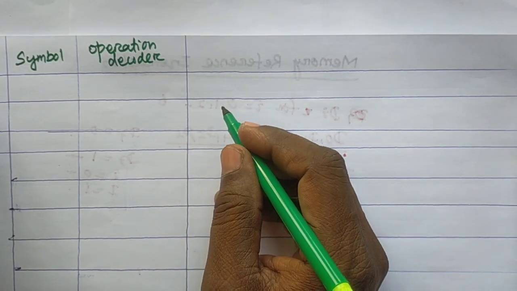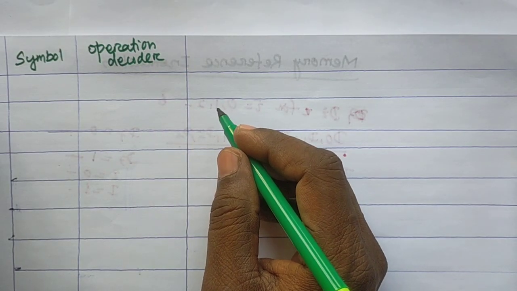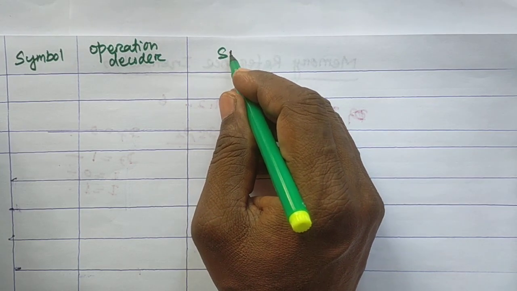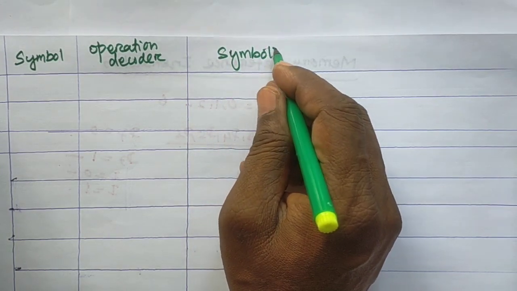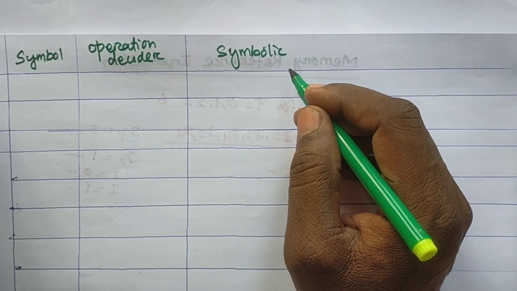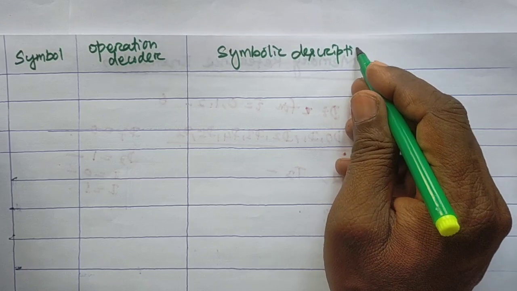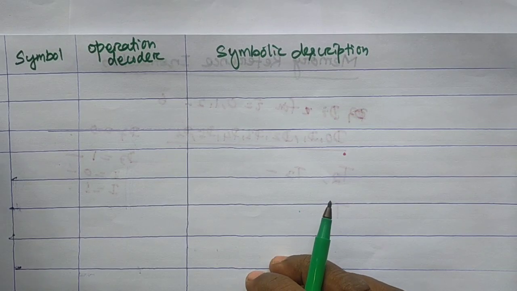What decoders do you use? Some symbolic description. We will go through it.